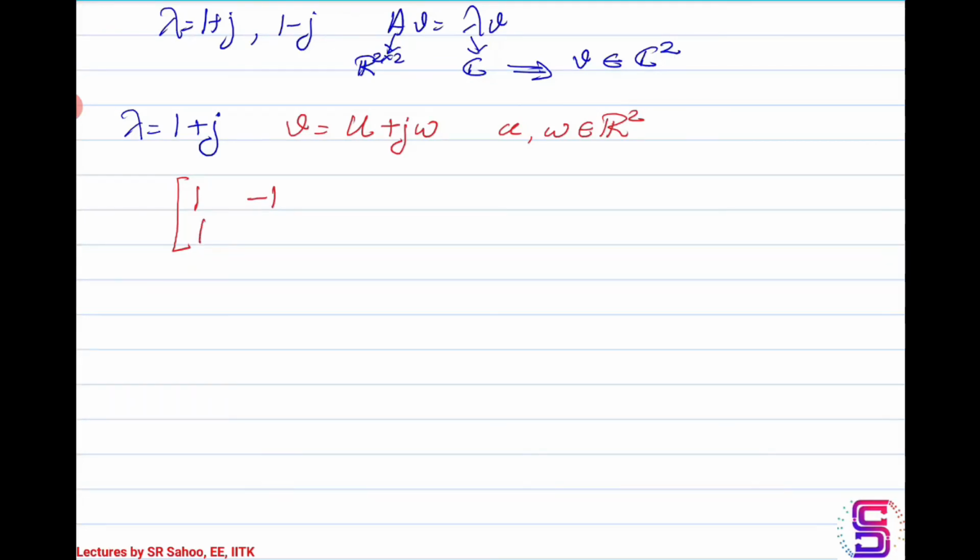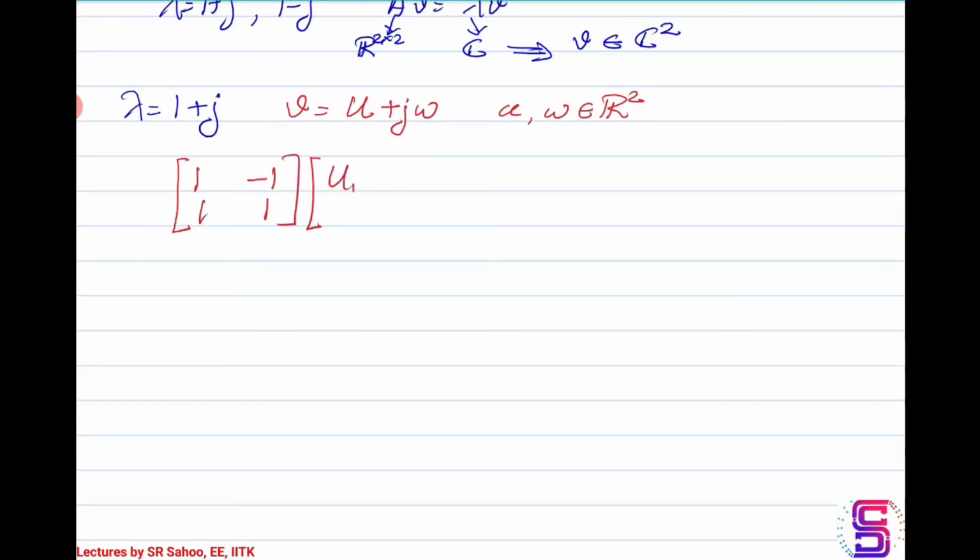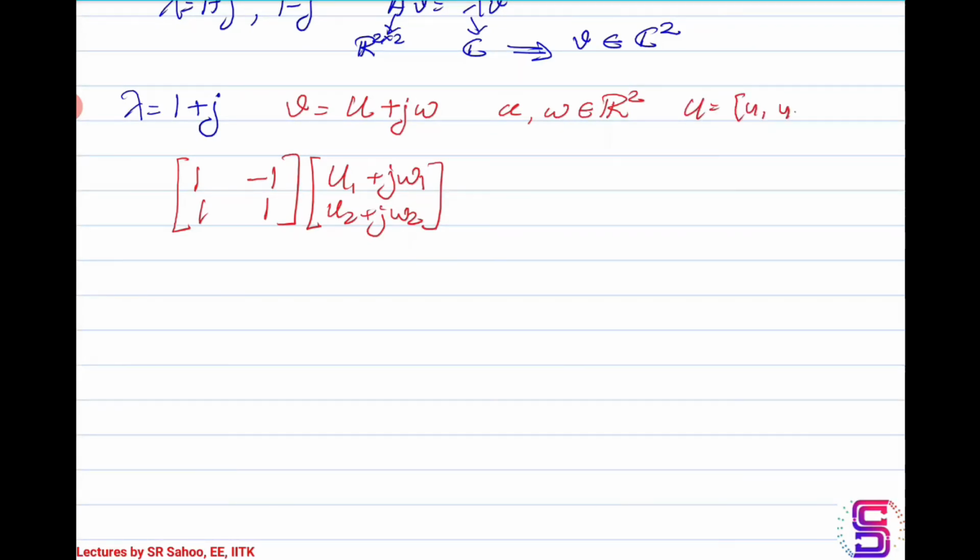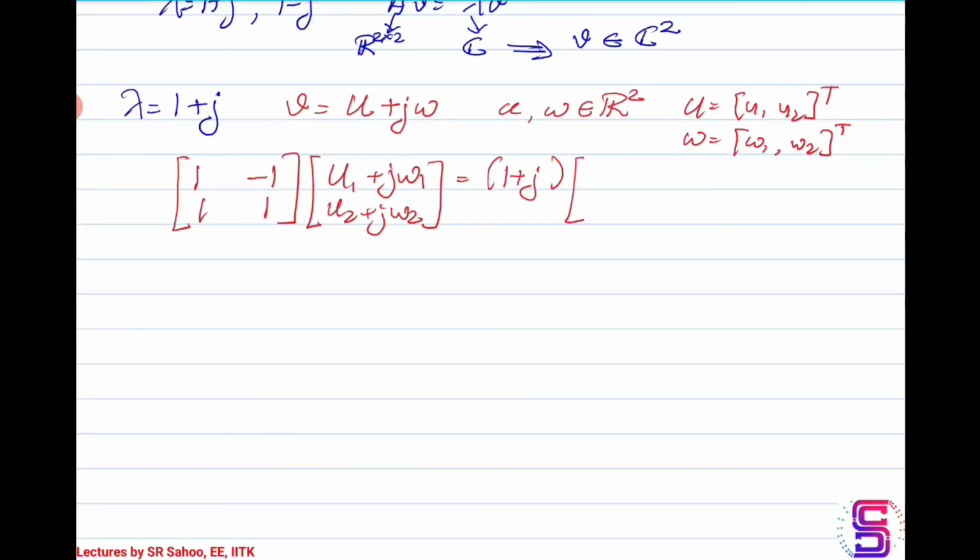Yes, 1 minus 1 1 1 multiplied with u1 plus jw1 and u2 plus jw2, where u1 u2 are basically tuples associated with u and w1 w2 are tuples associated with w. This is going to be equal to the eigenvalue 1 plus j multiplied by u1 plus jw1 and u2 plus jw2. This is what you have.